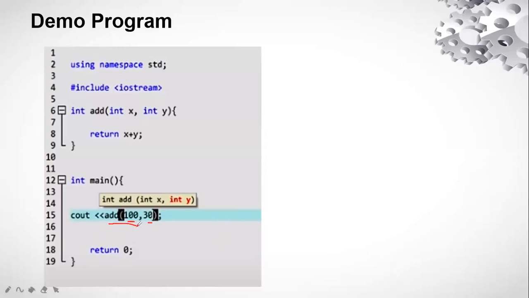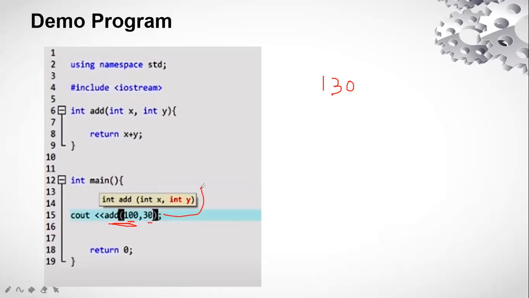It is going to run, call this function and execute this particular function. So it will give you return x plus y. For me, x is 100 and y is 30. So it will give 100 plus 30. That means what value will be given out? The cout will be 130. Right? Why is it done so?